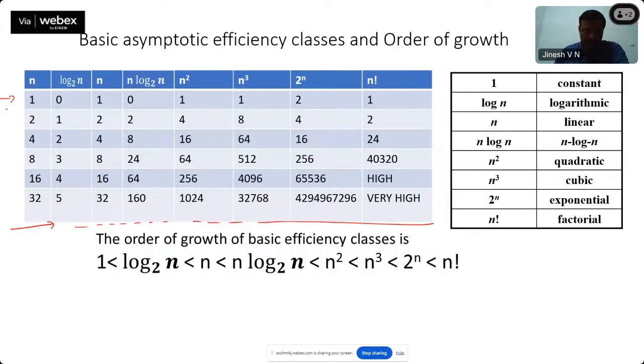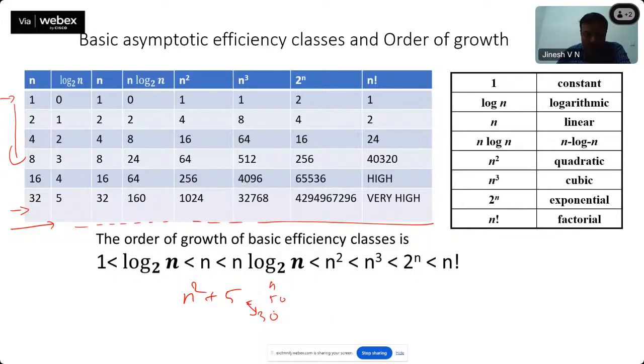Once we are moving downwards in this table, for the last values, if the value of n is increasing, the function value also increases very high. Then if you have a polynomial like n square plus 5, if n is equal to 5, your function will become 30.